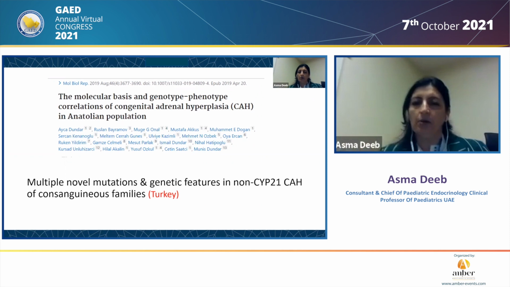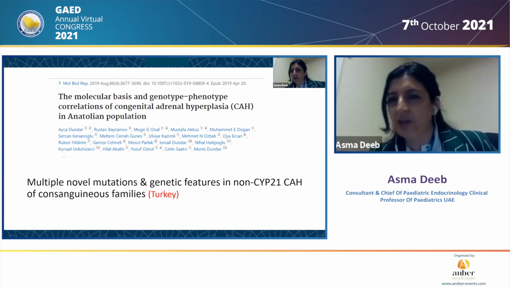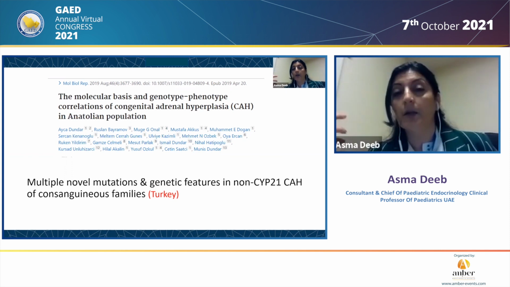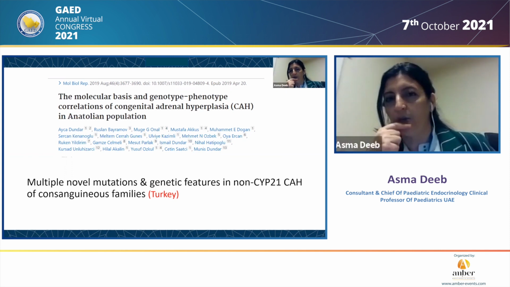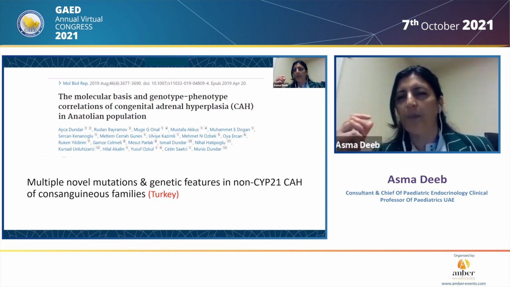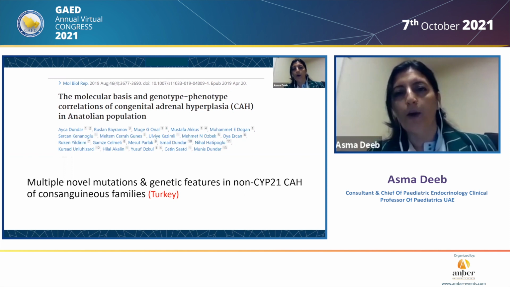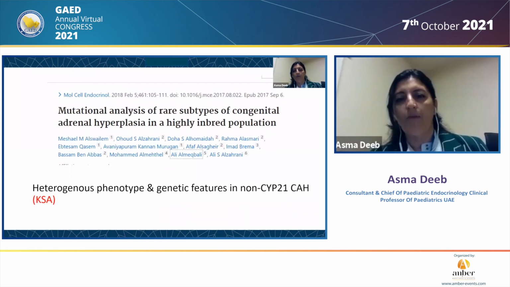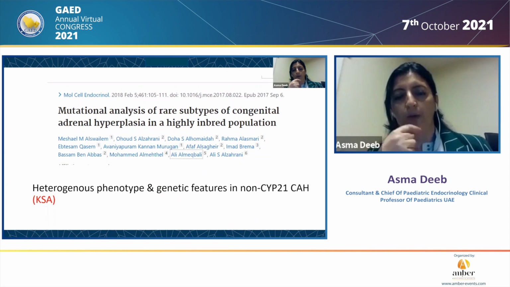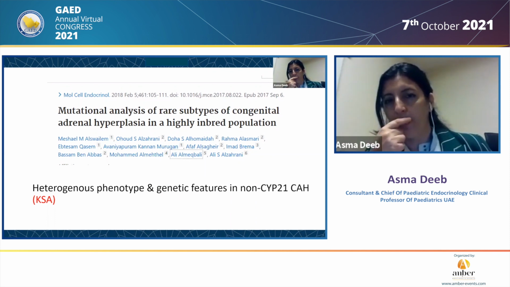They concluded that in a community with consanguineous families like that in Turkey, there are multiple novel mutations and the genetic features can be quite heterogeneous. Then we heard from our colleague Ali Zahrani and his group from Saudi Arabia, a very impressive paper published in Molecular and Cellular Endocrinology, showing a similar approach.